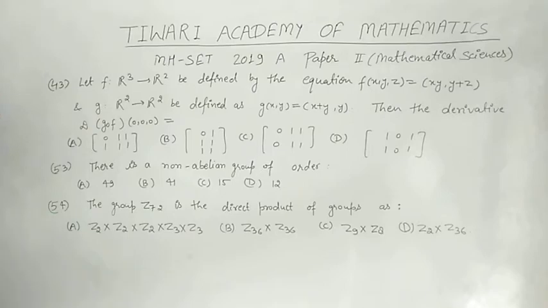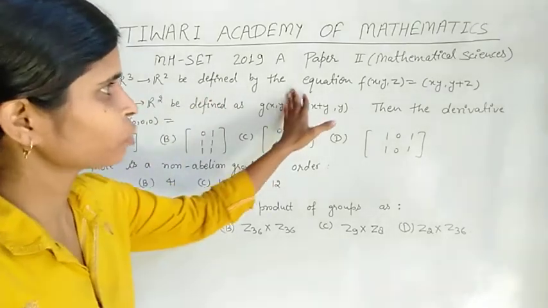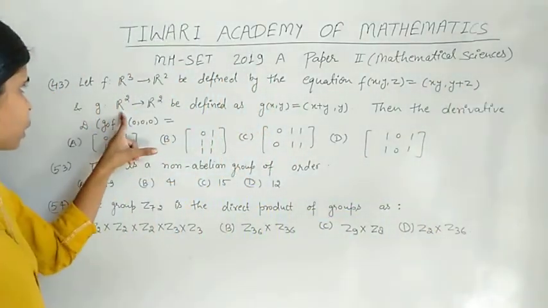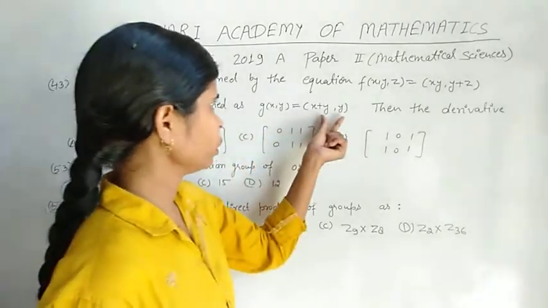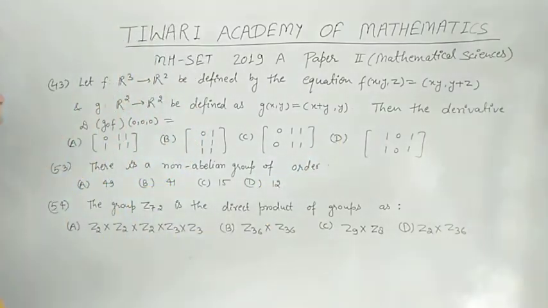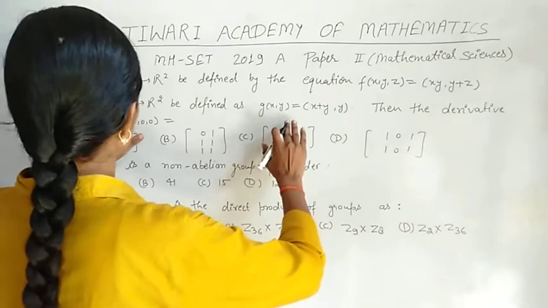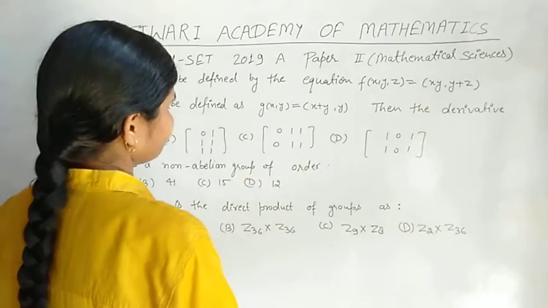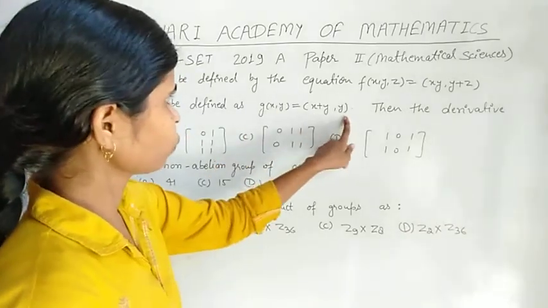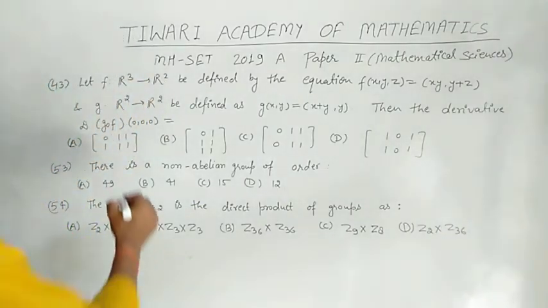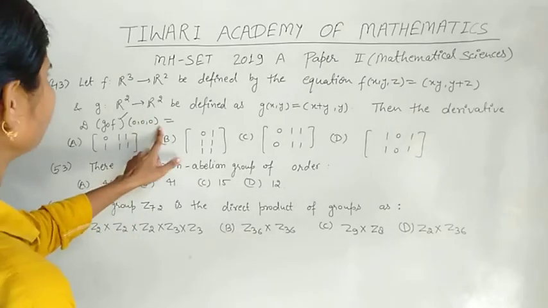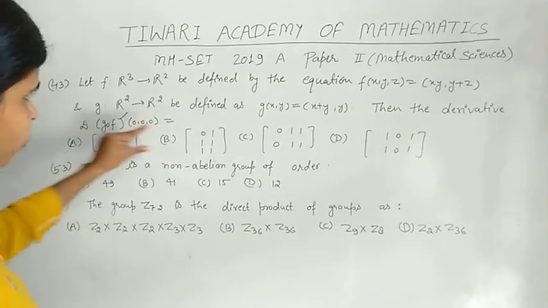Let f from R cube to R2 be defined by f(x,y,z) equals (xy, y plus z), and g from R2 to R2 be defined as g(x,y) equals (x plus y, y). Then the derivative of the composite function g circle f at the point (0,0,0) is equal to, options A, B, C and D are given.